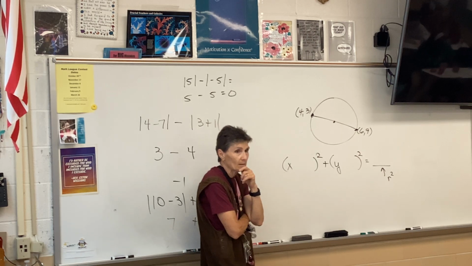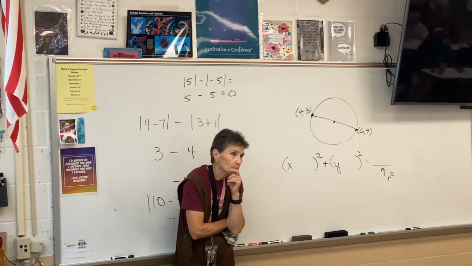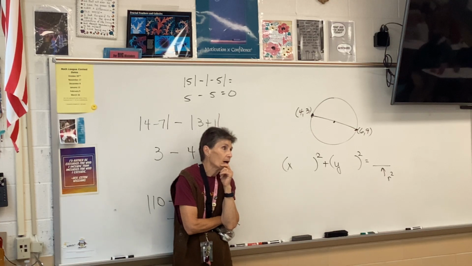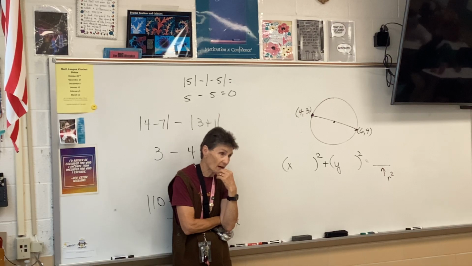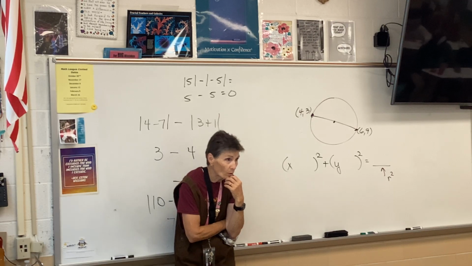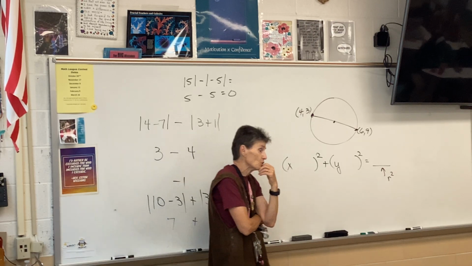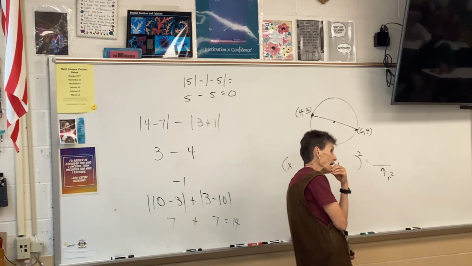And how do I find the midpoint? I average them. That means I'm adding my x's and dividing by 2, adding my y's and dividing by 2. Midpoint is average. That means you add.